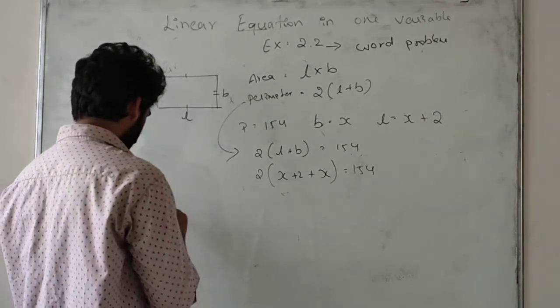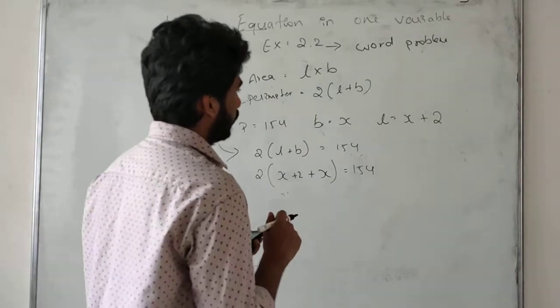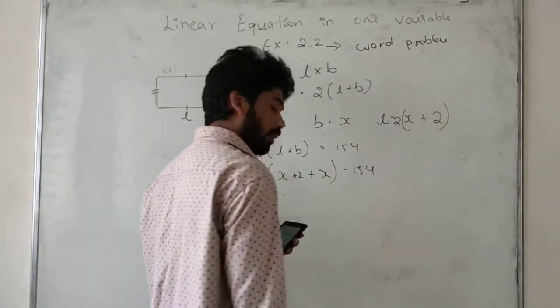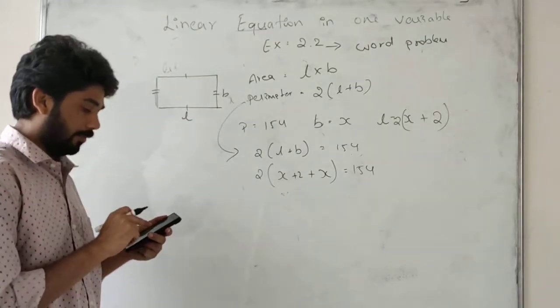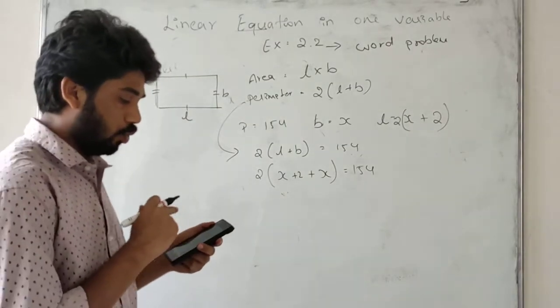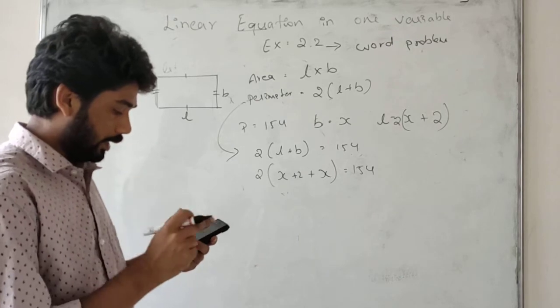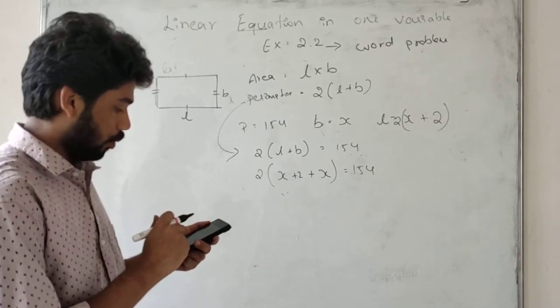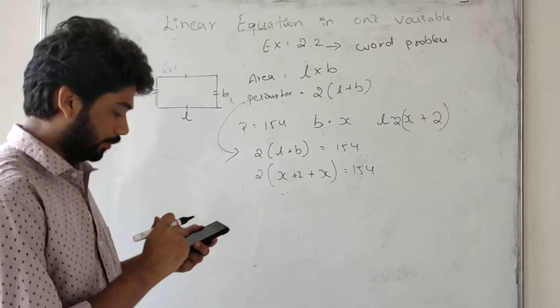One more thing: its length is 2 meters more than twice its breadth. Twice its breadth means we have to multiply by 2. First, note it down. I forgot to write it.